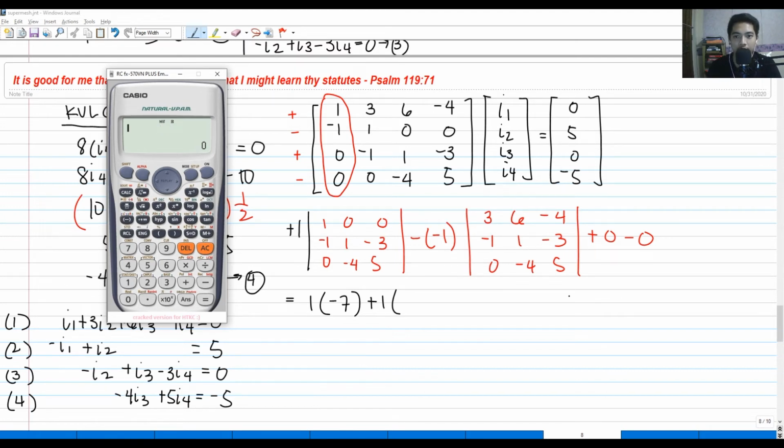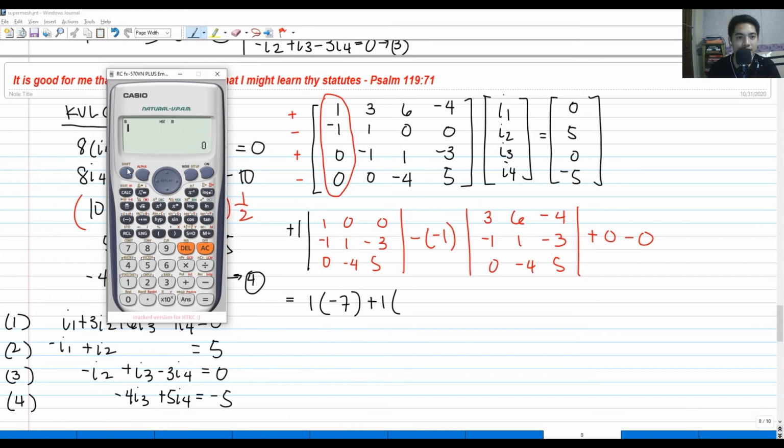And of course, if we wish to calculate the determinant of this, we have shift matrix, dimensions of matrix A. We input the values: 3, 6, negative 4, negative 1, 1, negative 3, 0, negative 4, and 5. So double check: 3, negative 1, 0, and then 6, 1, negative 4, and negative 4, negative 3, and 5.